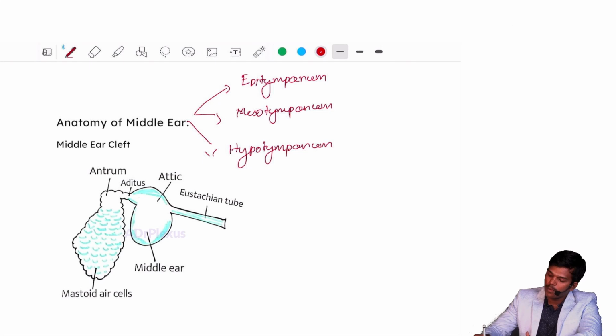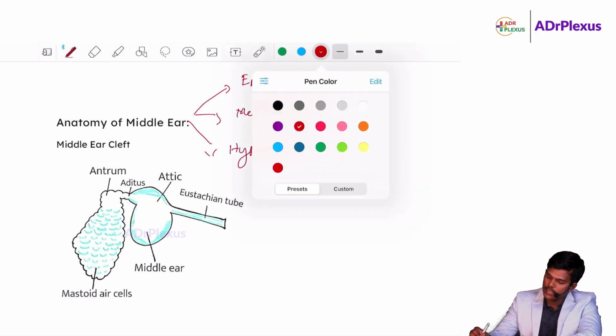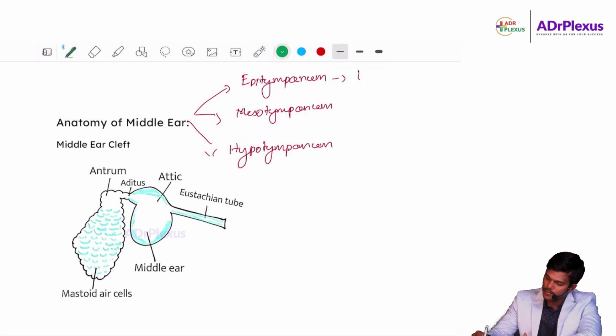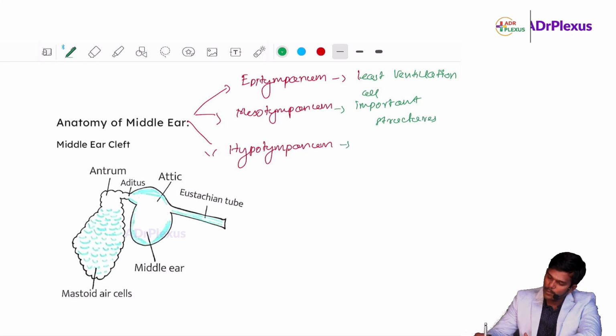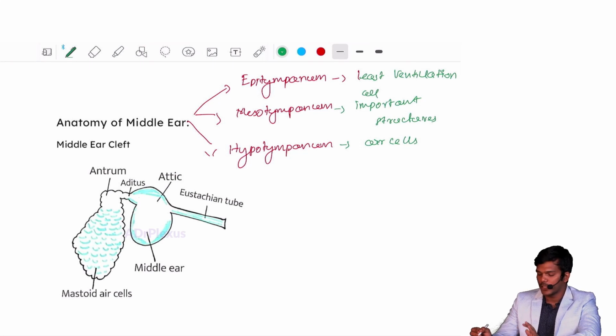The epitympanum has the least ventilation. Mesotympanum has all the important structures. Hypotympanum has only air cells. Okay, that is the difference between the three divisions of the middle ear.